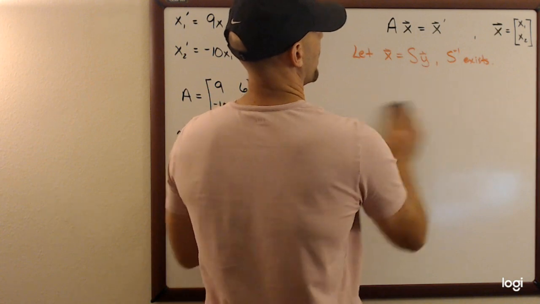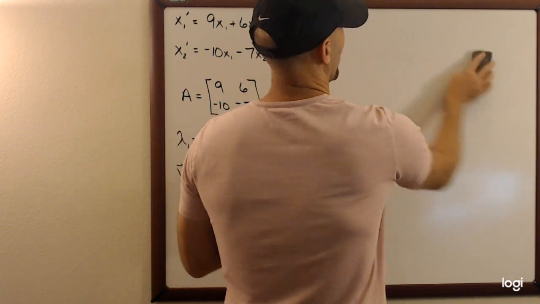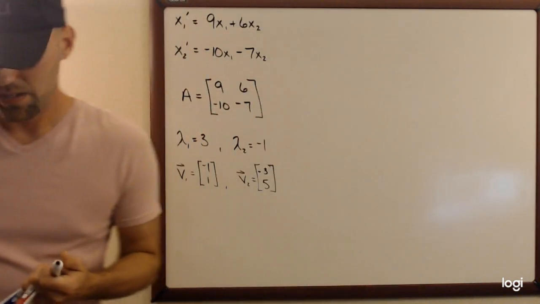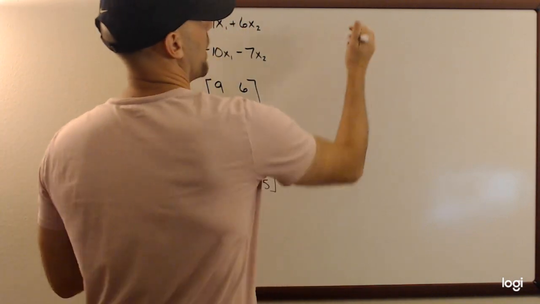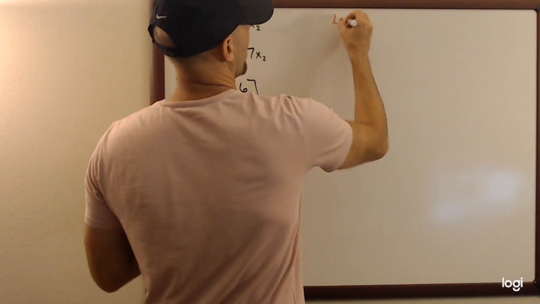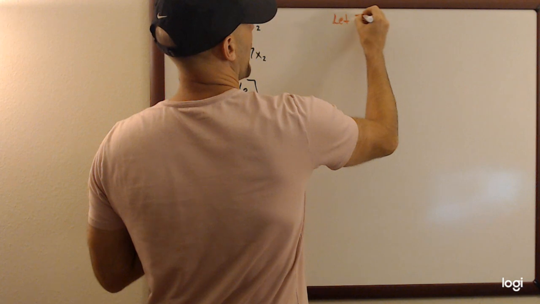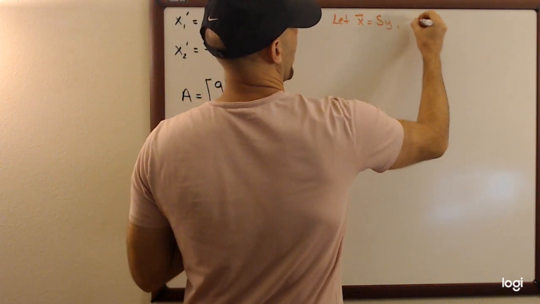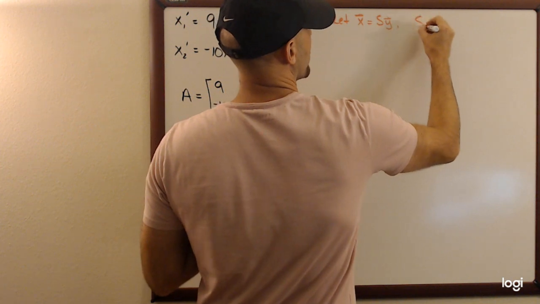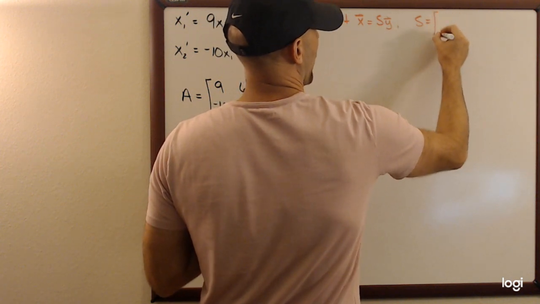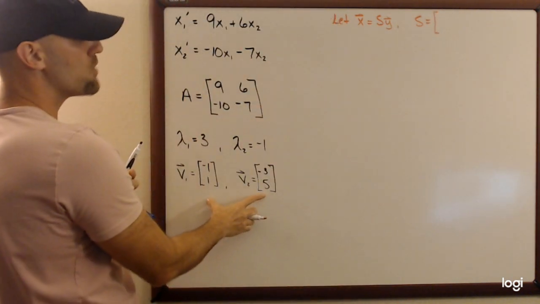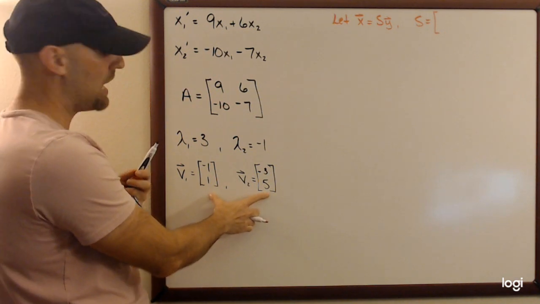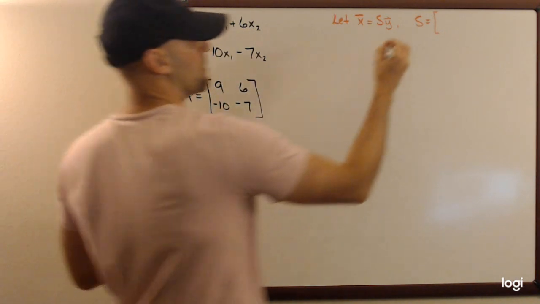Let me go back. Okay. So here we go. Let me let X equal S times Y. And I know what S is now, right? S is the matrix with these vectors, the eigenvectors, as its columns. Okay?